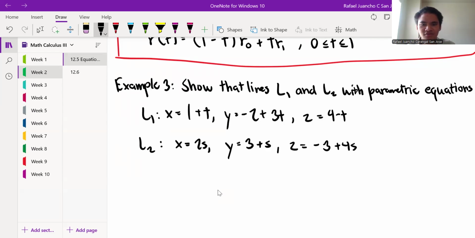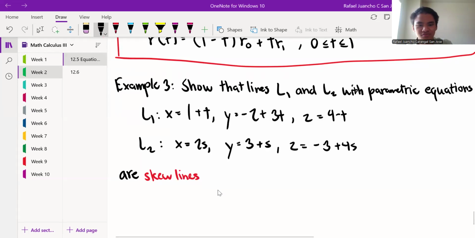Again, these are all parametric equations. If you look at this, wow. So we want to show that both of these lines are what we call skew lines. Never heard of this before.